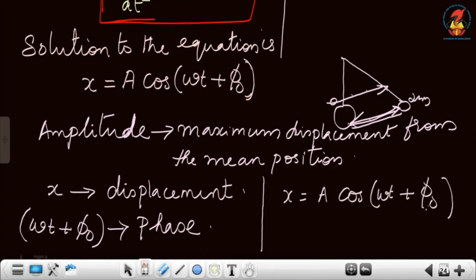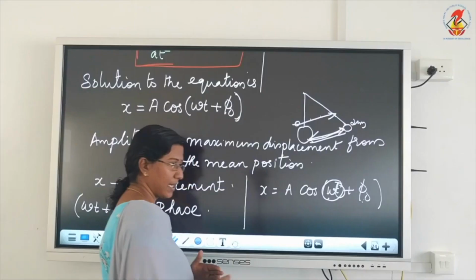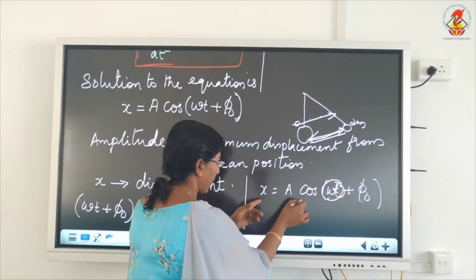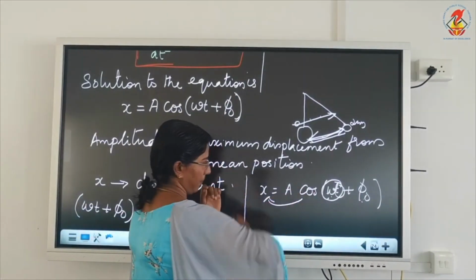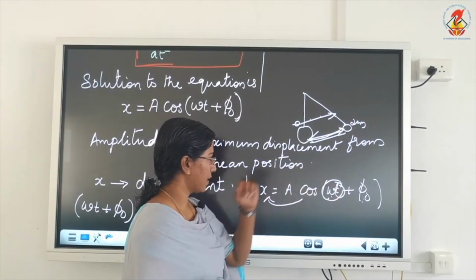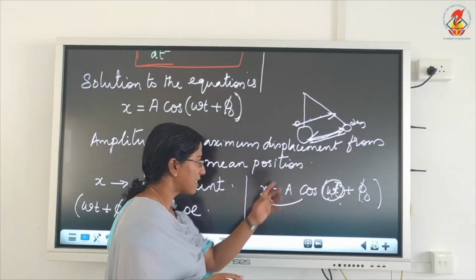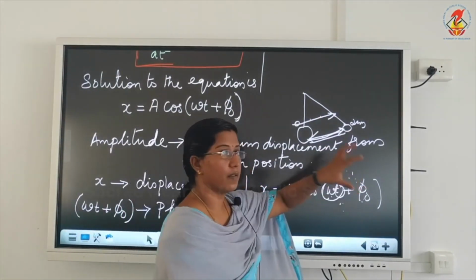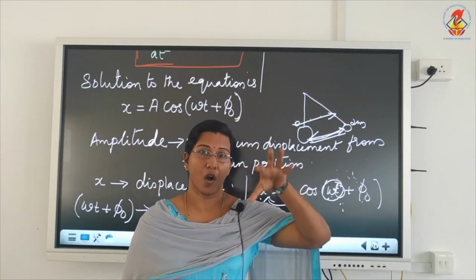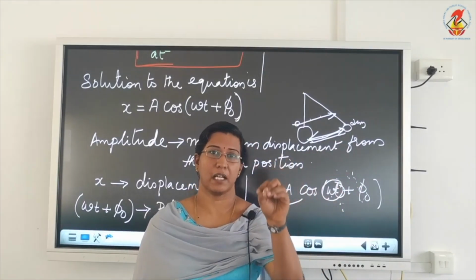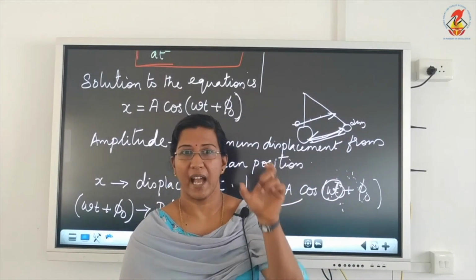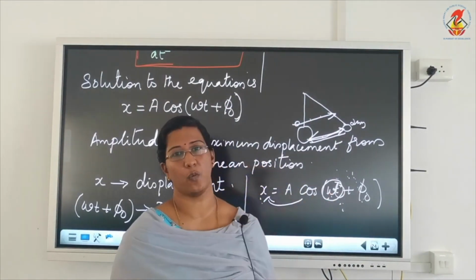This phi 0 is a constant value which I will explain to you later. Omega is a constant. So whenever I apply a value of time, maybe 1 second, 2 seconds, etc., I will get the displacement of the particle at that particular time. If I put t equal to 0, I will get a value for x. If I put t equal to 1, I will get a value for x, which means this term represents the state or position of that particular particle at a particular point of time. And that is what we mean by the phase of the wave.